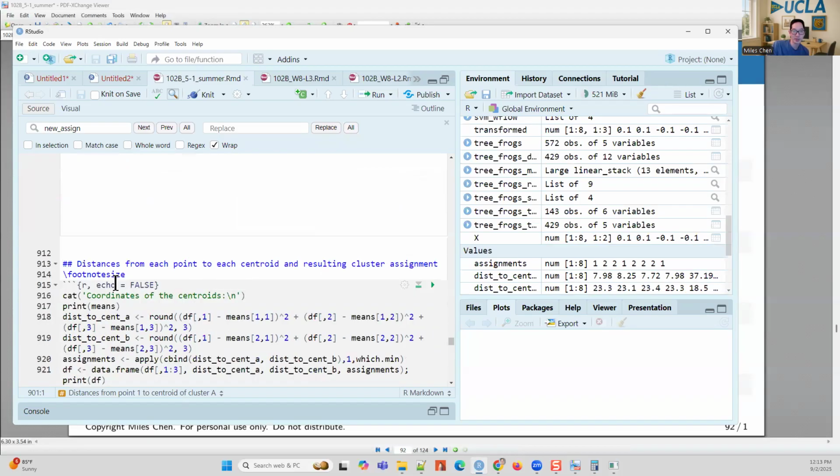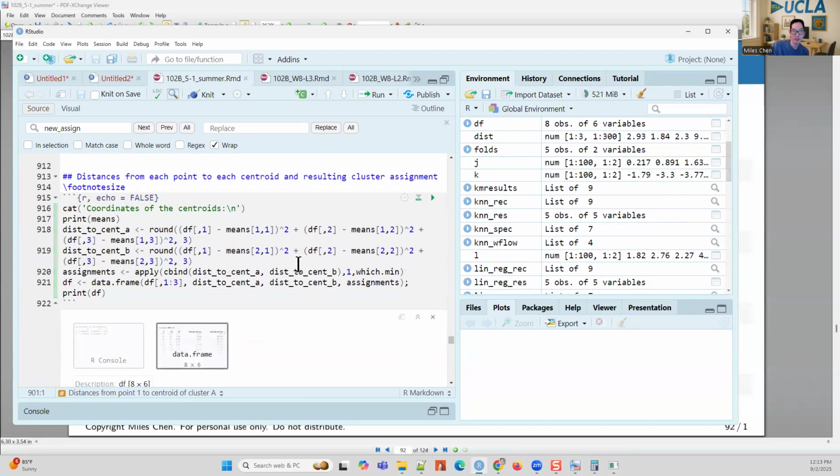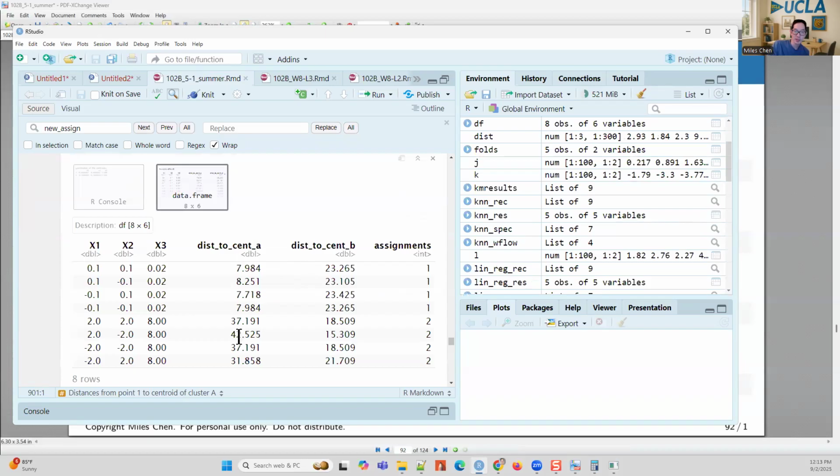Okay, and we can do this for all of the other points. So we can say, all right, distance to centroid A, 7.984.